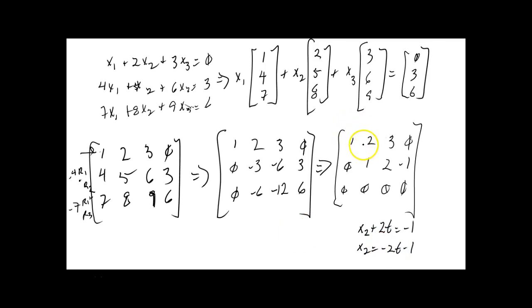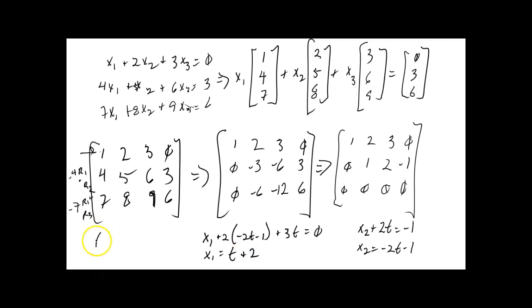Then plug that in up here, you get x sub 1 plus 2 times negative 2t minus 1, that's x sub 2, plus 3t is equal to 0. So that says x sub 1 is equal to, that is a minus 4t plus 3t would be a minus t, so add it to the other side, you get that, and this would be a plus 2. Okay, so x sub 1 is t plus 2.